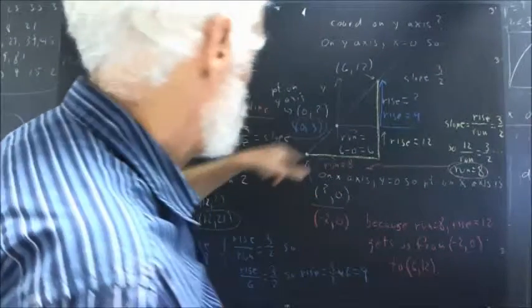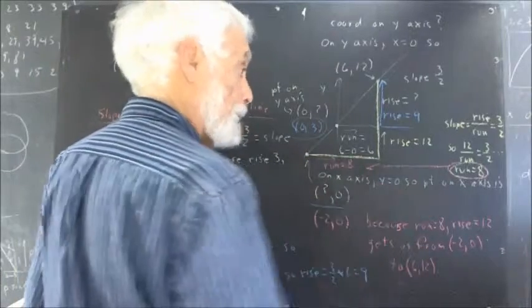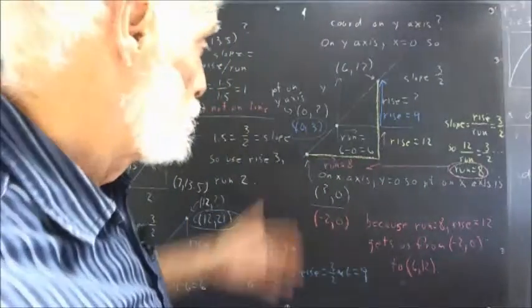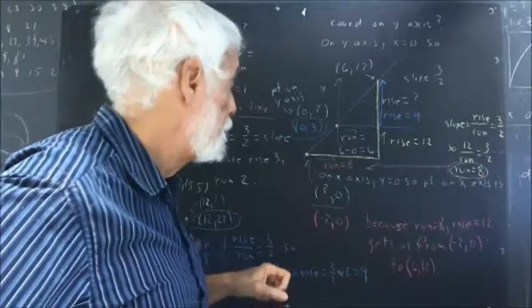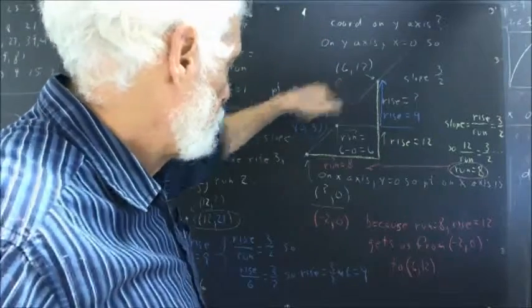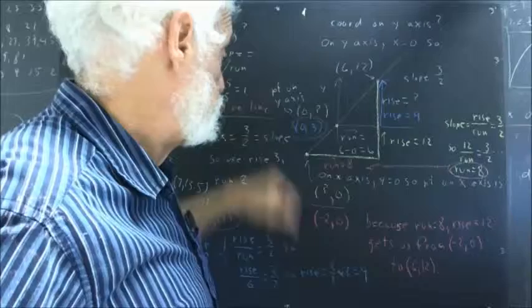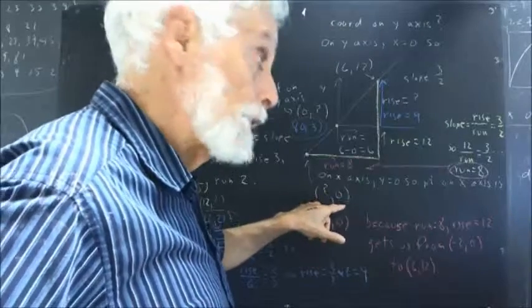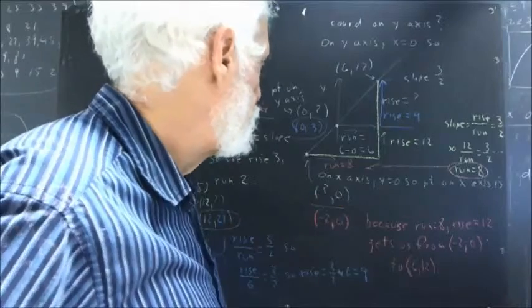So I've just extended the line out here to where the x-axis might possibly be. I didn't try to do that very accurately, and it isn't really very accurate at all as far as the scale, but that doesn't matter. Okay, this point is going to be on the x-axis, so it's going to have y-coordinate 0, so it's going to be (something, 0).